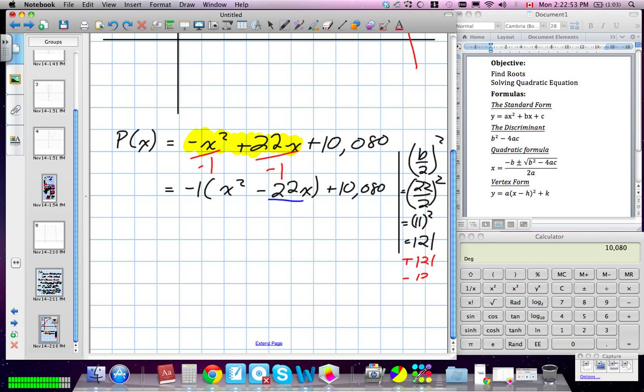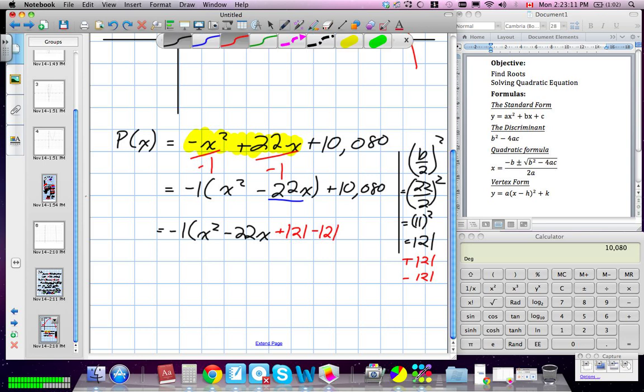So we get negative 1 times x squared minus 22x plus 121 minus 121 plus 10,080. Now remember, we only need the positive term.